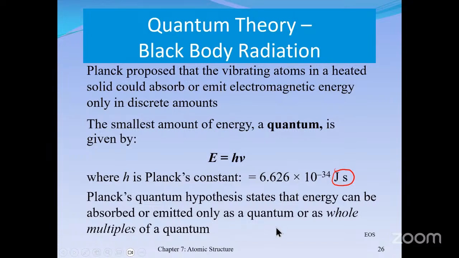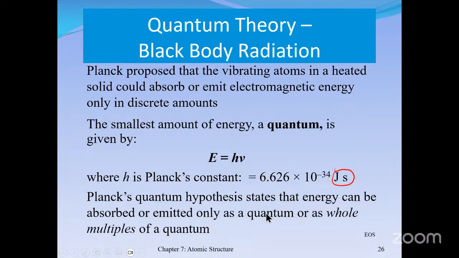So according to the hypothesis put forward by Planck, energy can only be absorbed or emitted as a quantum, or as whole multiples of a quantum, right? So this represents the energy of a quantum, and therefore the energy of an object can be changed by either this amount or multiples, 2 times, 3 times, 4 times, whatever, all right? Multiples of that quantum, right?